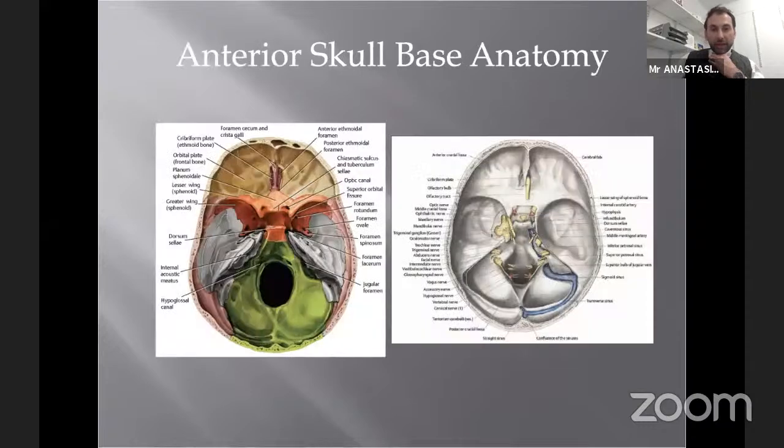A little bit about the anatomy of the anterior cranial fossa: starting from the front with the cribriform plate, going backwards in the medial plane to the planum sphenoidale, followed by the tuberculum sellae, the pituitary sella, the dorsum sellae and the clivus. Laterally, we have the orbital roofs and the sphenoid wings, but that goes more towards the middle fossa. So we're going to focus on the anterior one.